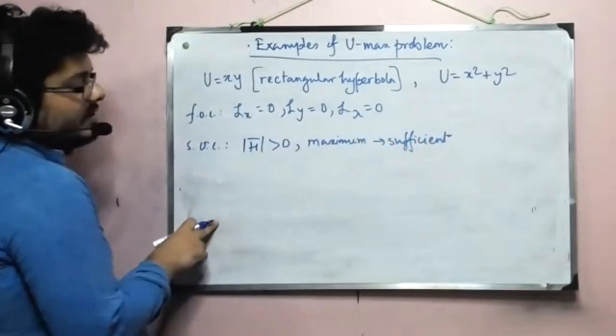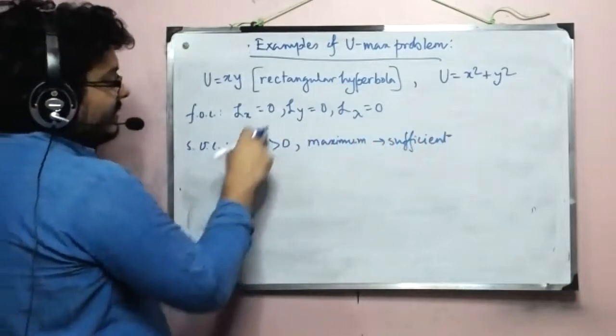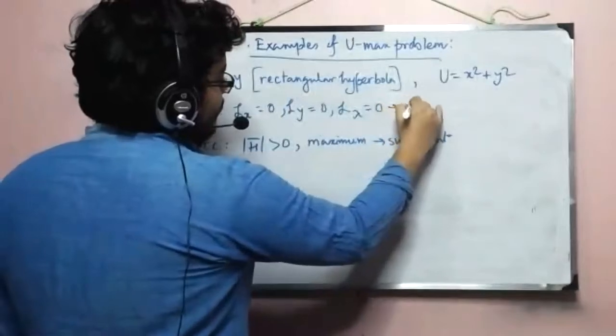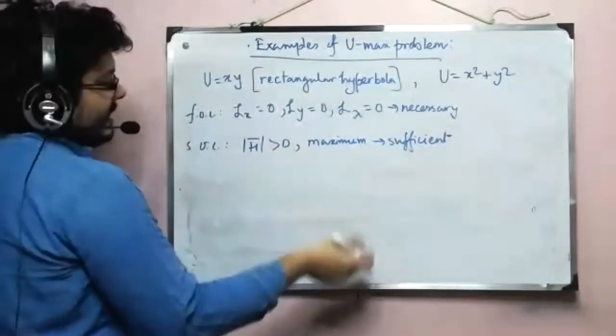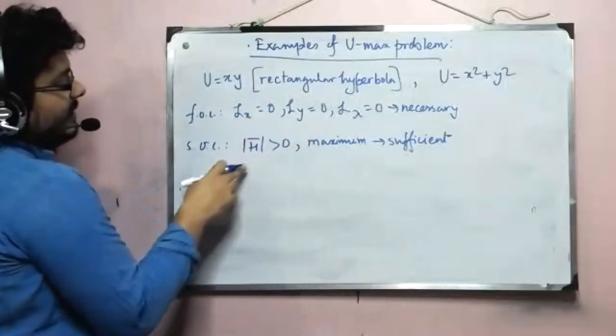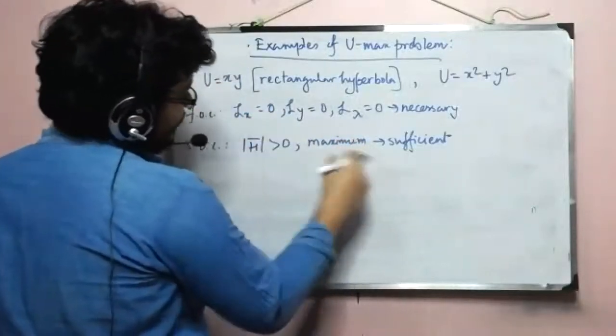But it's not true that at each and every maximum this will hold, right? This is the necessary condition, which means that if it is a maximum, then this will be true. And the sufficient means if bordered Hessian is positive, then it will be a maximum. Okay.